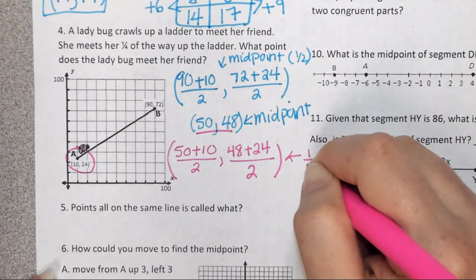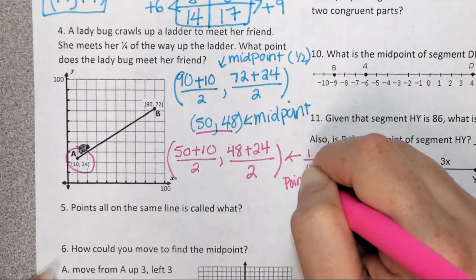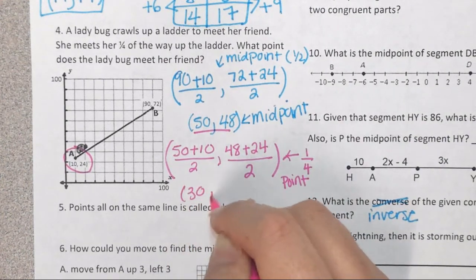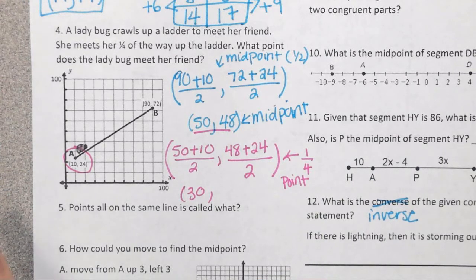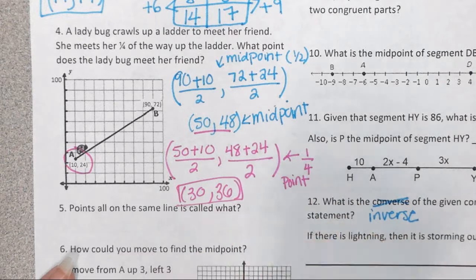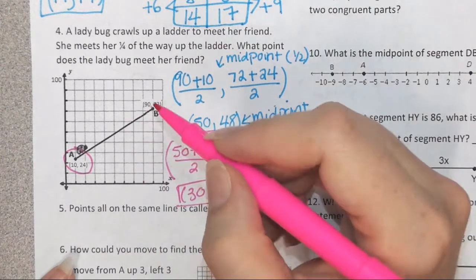This is going to be the 1/4 point. So that becomes 30 and 36. Okay, this is my 1/4 point.